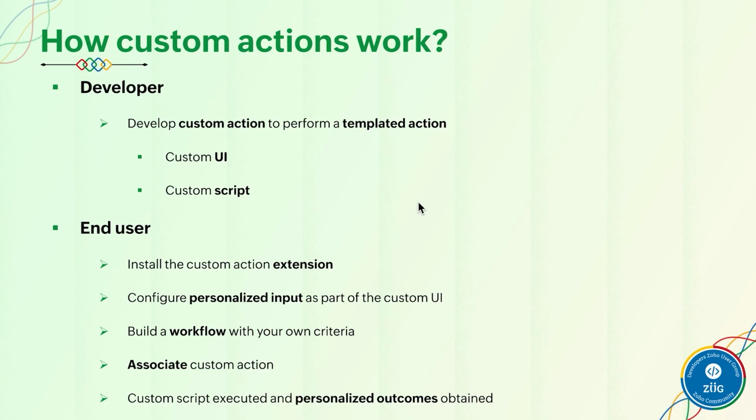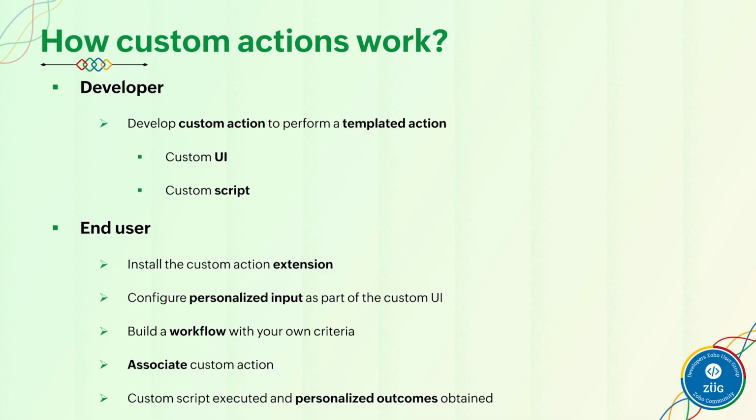Now let's see what the end user should do after installing the custom action extension in their Zoho Books account. So this is where the real power of personalization comes into play, as the end user customizes their experience according to their specific needs. Once the extension is installed, the end users can configure it with personalized actions like specific tasks or behaviors that suit their unique scenarios.